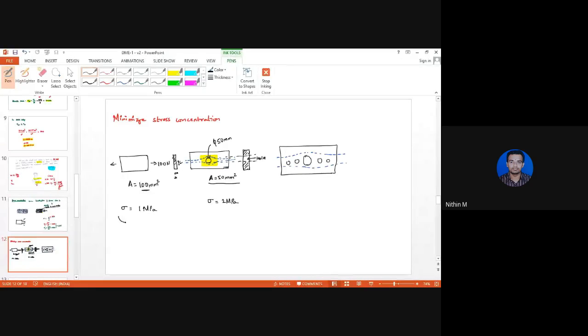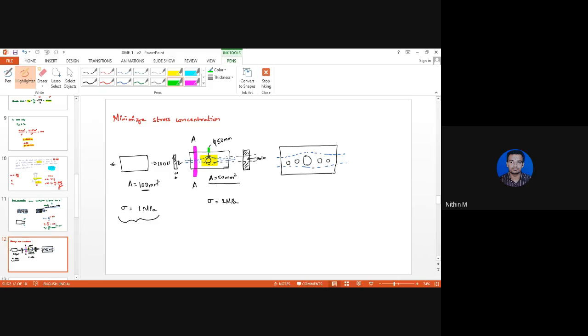Now this value of stress, the value of stress where there is no change in cross section, or in other words, here if you consider the plate, let me mark this, call this as region A. Region A, there is no hole.